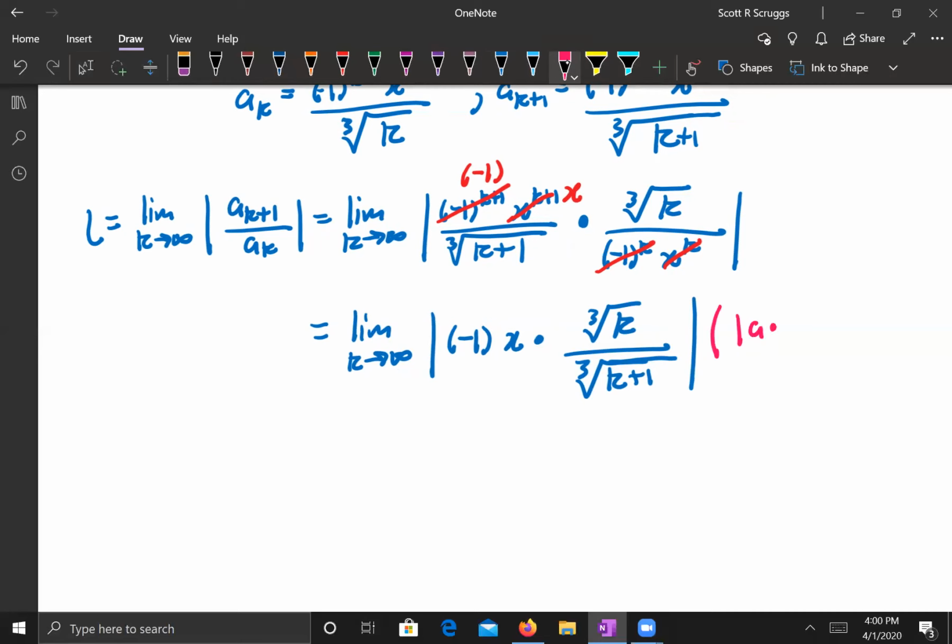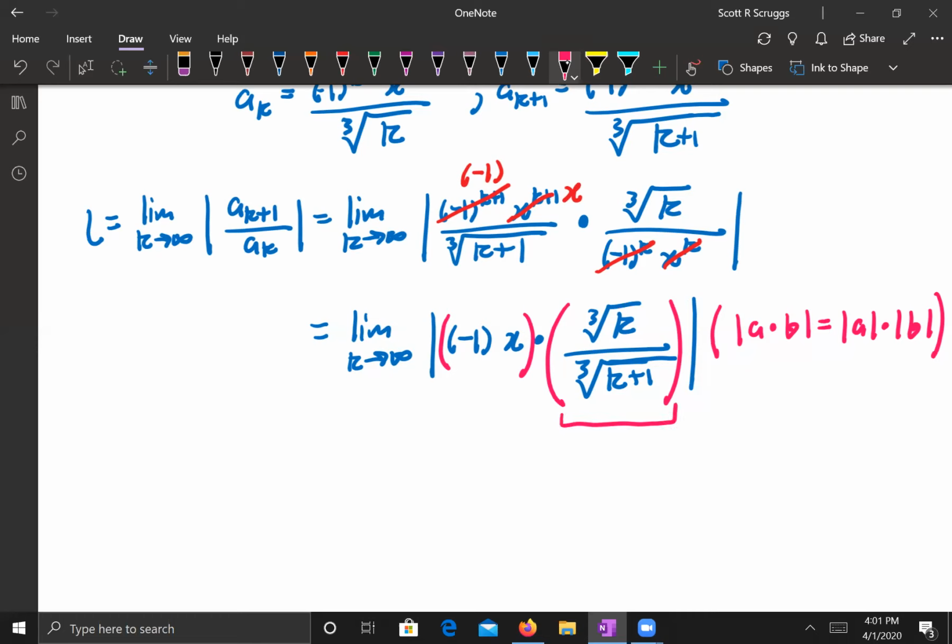If I'm taking a product of two numbers inside the absolute value, it means the exact same thing as taking the absolute value of the first number and multiplying it by the absolute value of the second number. I'm going to do that by separating those two, where the -1 times x will be my a, and the cube root of k over the cube root of k plus 1 is my b.